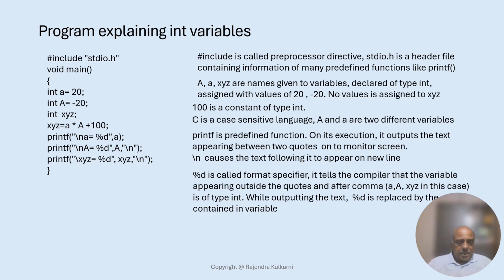It will not appear as %d, but %d will be replaced by the value held by variable xyz in this case, or a or small a, etc. What this program will output: a is equal to 20, capital A is equal to minus 20, xyz is equal to minus 300.